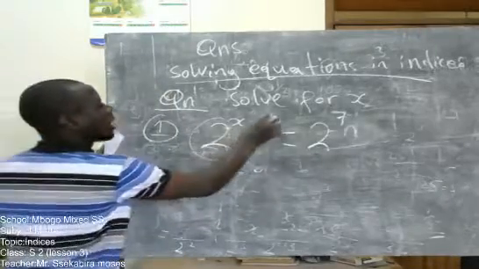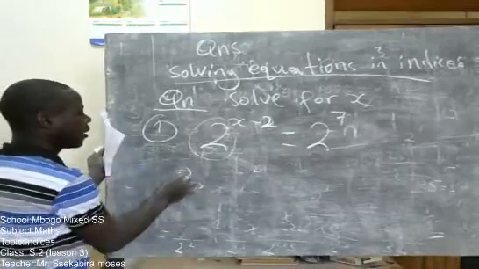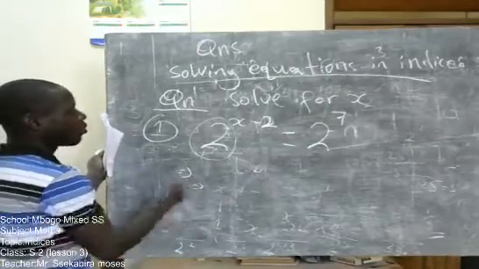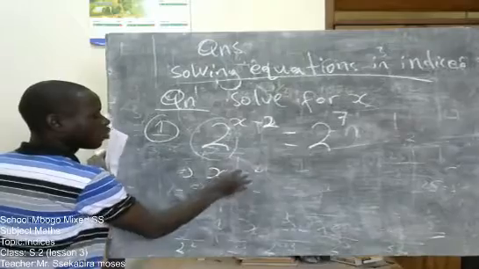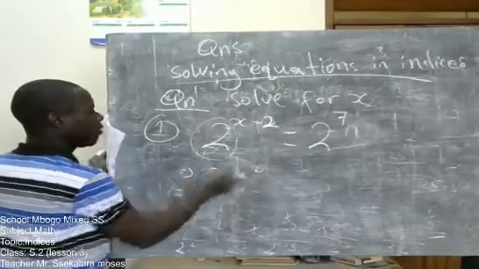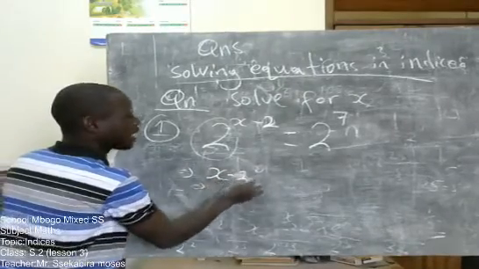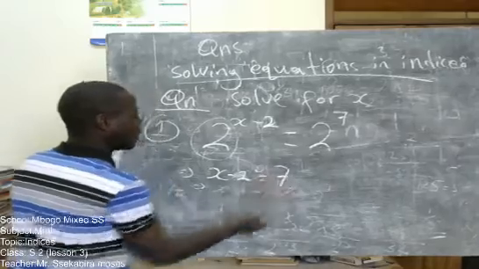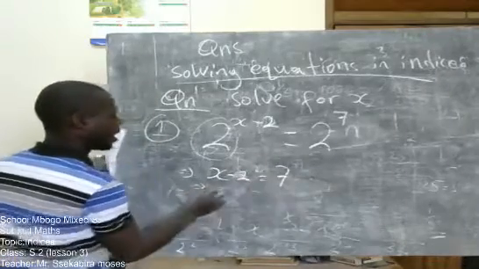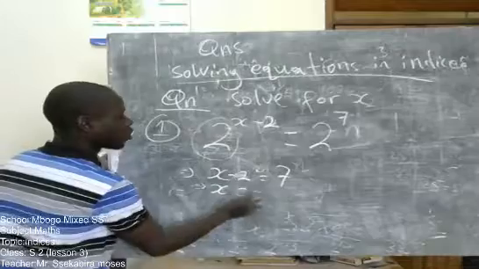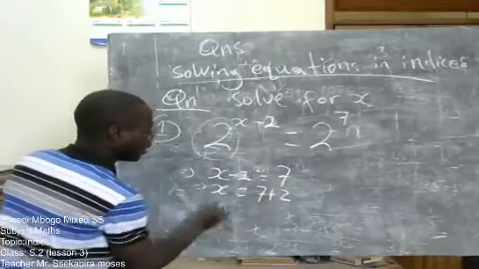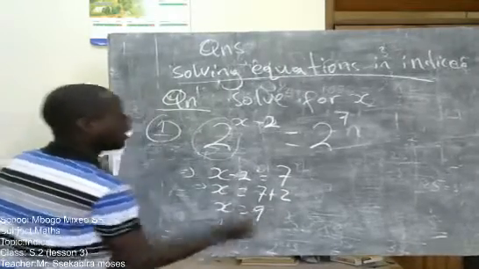Now what does it imply? Since the bases are equal on both sides, even the powers should be equal. What is the power this side? It is x minus 2 is equal to 7. So you take the 2 to the other side, you get x is equal to 7 plus 2. x is equal to 9.